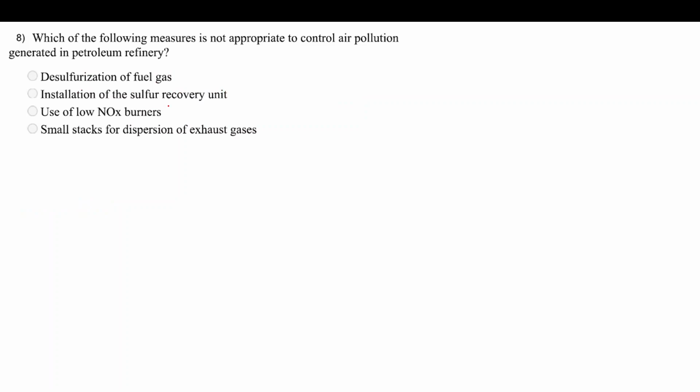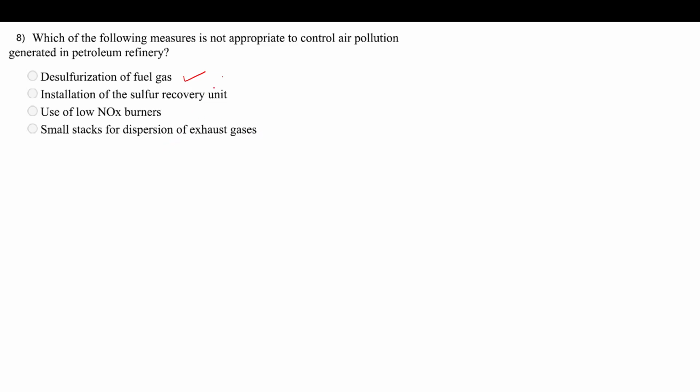Which of the following measures is not appropriate to control air pollution generated in petroleum refinery? Petroleum refinery requires desulfurization of fuel gas because sulfur content is very high. Installation of a sulfur recovery unit is obviously required because of the sulfur content, so you try to recover it. Then use low NOx burners, a common strategy applicable for every case.